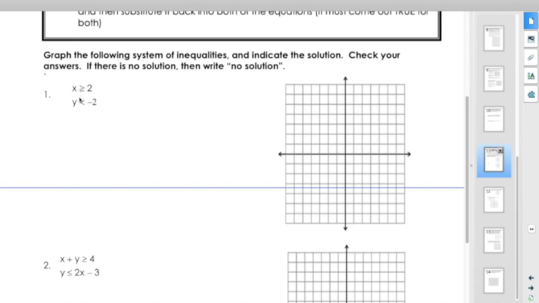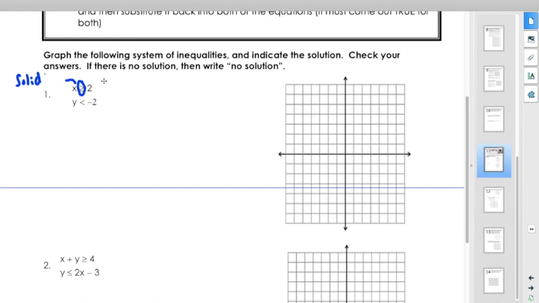So let's take a look at this. Let's graph this. Well, the first thing I'm looking at, am I graphing a solid or a dashed line? Since it's greater than or equal to, it's going to be a solid line. But it's not y equals mx plus b. It's just x.